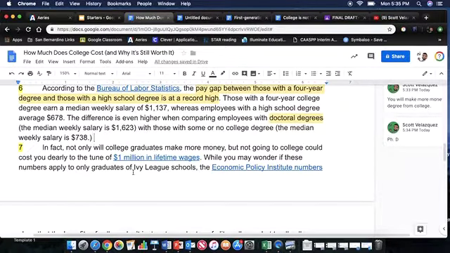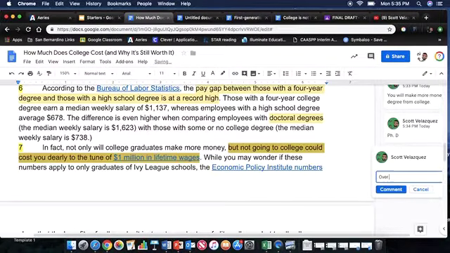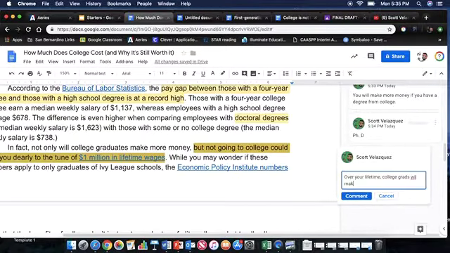In fact, not only will college graduates make more money, but not going to college could cost you dearly to the tune of $1 million in lifetime wages. So that's another sentence you want to highlight. This is a good piece of evidence saying over your lifetime, college grads will make 1 million more than non-grads.